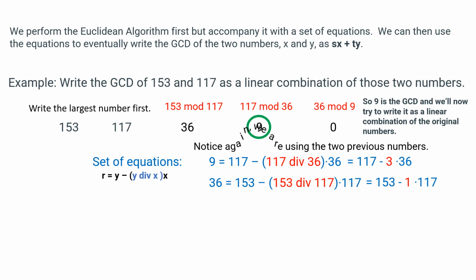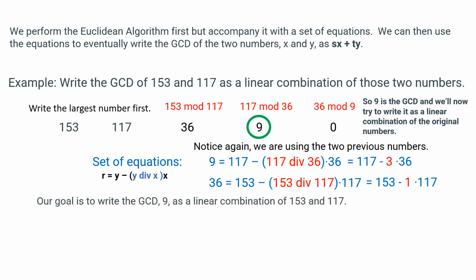Notice that for each of those equations, we always use the two previous numbers in that long line of numbers. Remember what our goal is, though. We need to write the GCD, which is 9, as a linear combination of those original numbers. That would be 9 equals some integer times 153 plus some integer times 117.